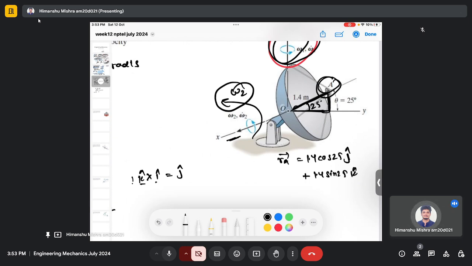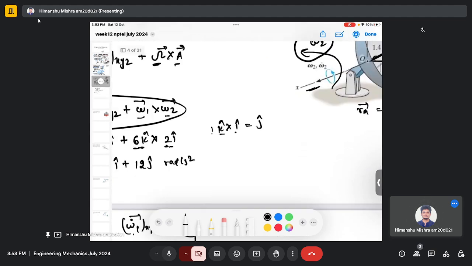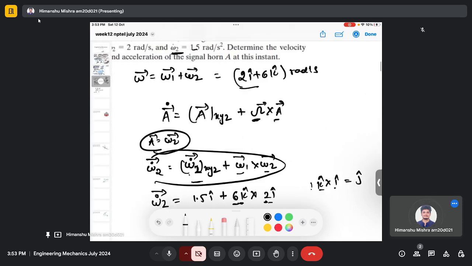So along this z-axis it's sine 25k. So this will be my position vector, right? And my omega is 2i plus 6k.